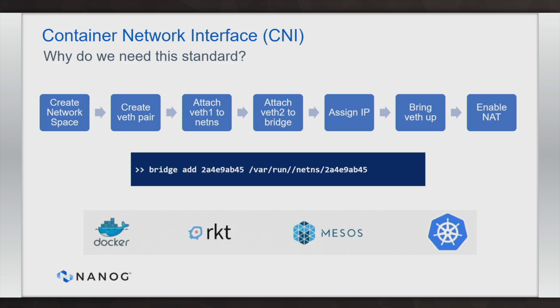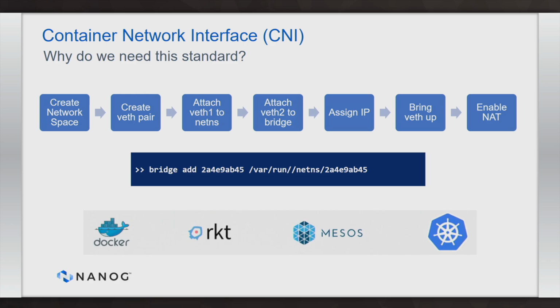At some moment, someone said, okay, let's create a standard to start using the network resources in every pod to make things easier. And then, like I showed before, remember the bridge? When you create a connection between two pods in the same node, you need to connect that specific pod to a specific bridge inside Linux. Then there are some steps that you need to do in order to make that work.